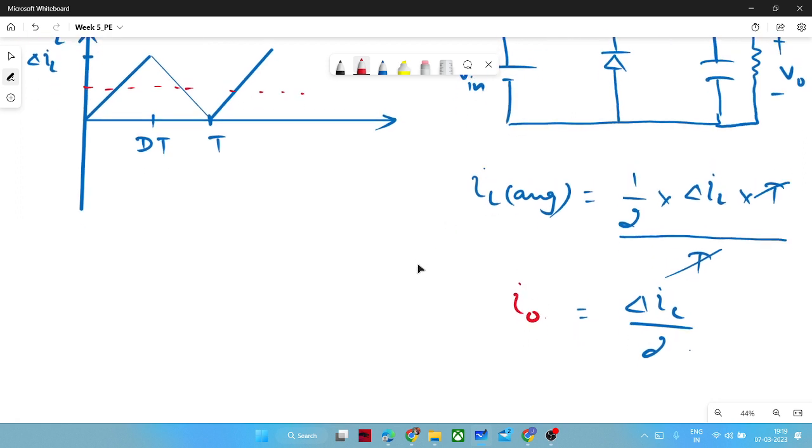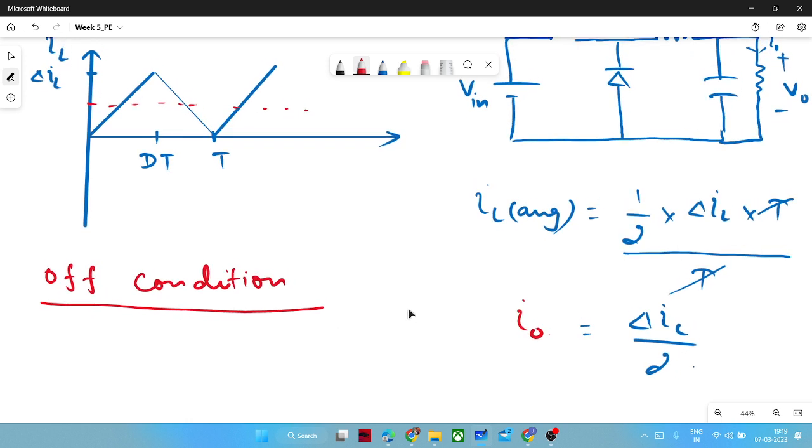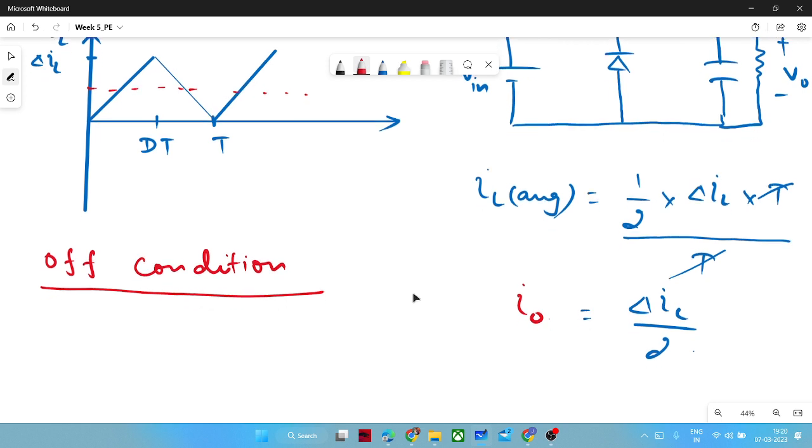This time I will take the off condition. Last time I took the on condition. This time we can take the off condition so that we can justify that it is same for both the time periods. During this del IL, again you will apply the voltage equation across the inductor.